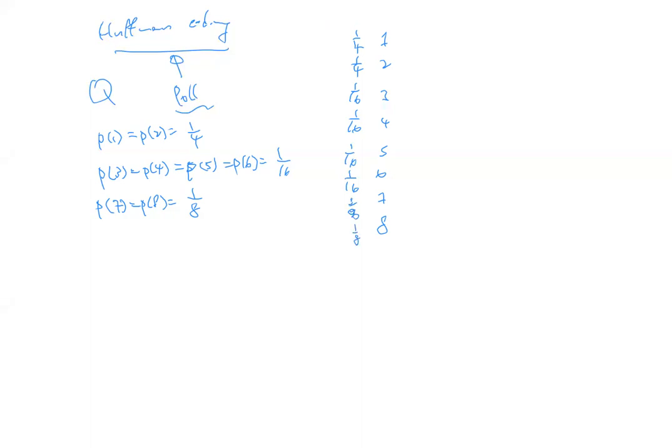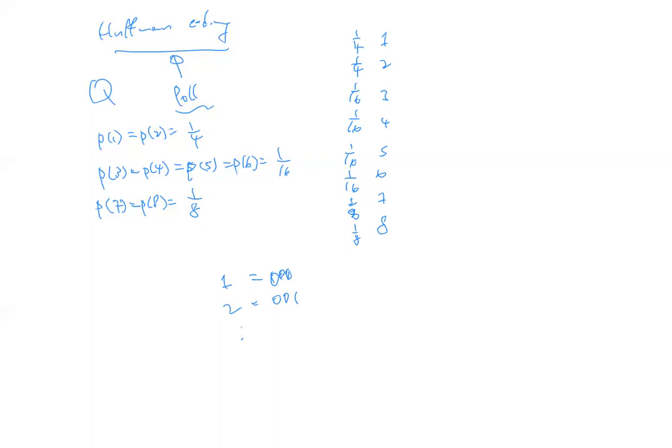So the intuition is that if I compress this uniformly, where each code word is the same length, I can use 3 bits to store these labels. For example, 1 is equal to 000, 2 is equal to 001, and so on.